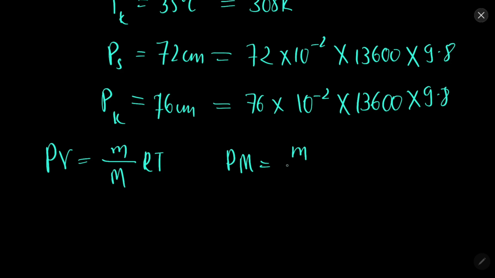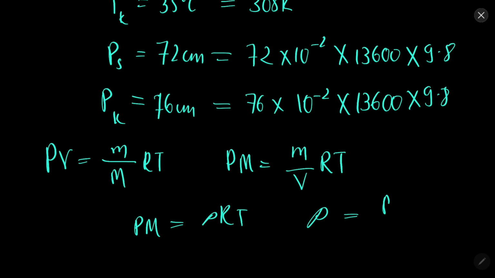So PV is equal to m over M RT. PM equal to rho RT. So density is equal to PM over RT.